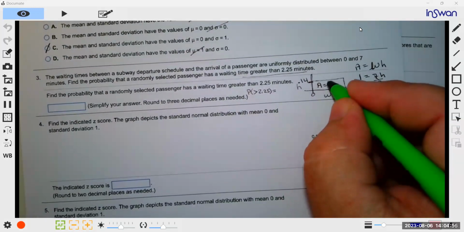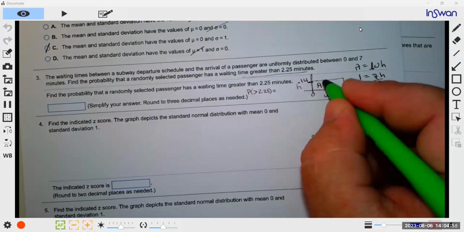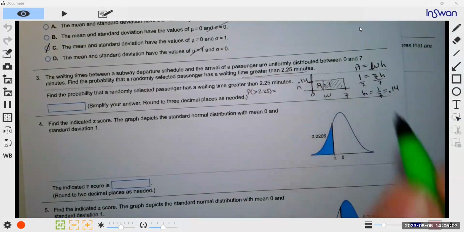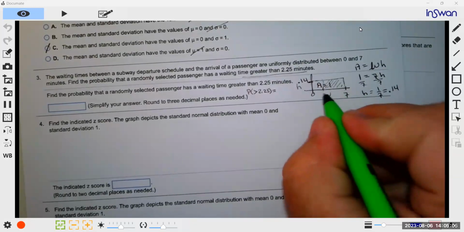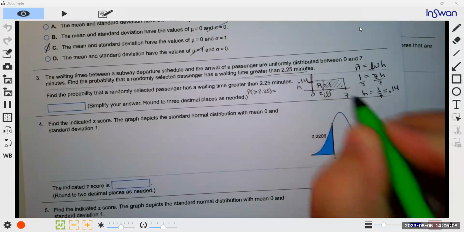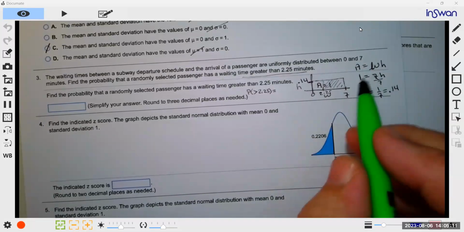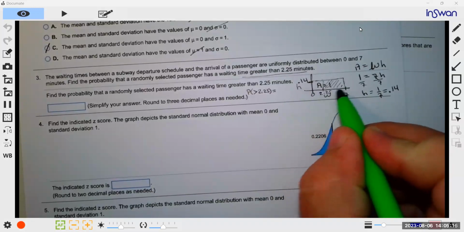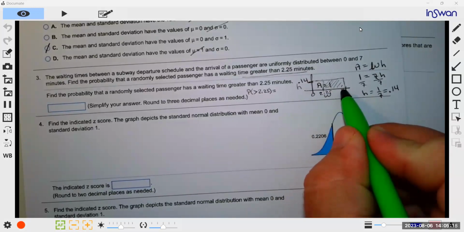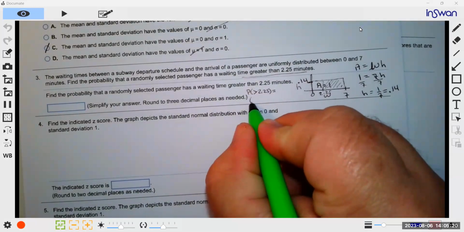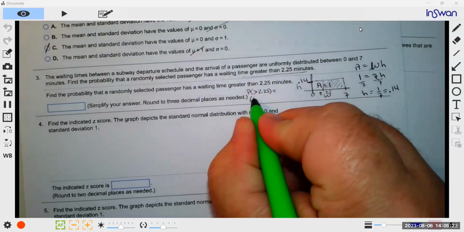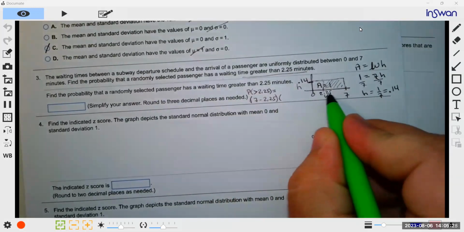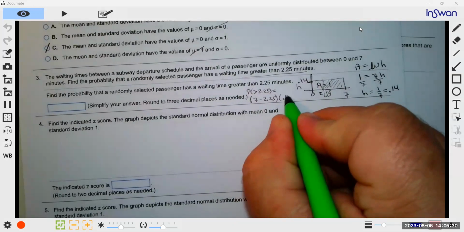So if that's between 0 and 7, this is 3.5. 2.25 is about here. We want to know what that area is. If we want to know this area, we know the height is 0.14. We have to find this length here. So the difference between these two is 7 minus 2.25. That's the width, times the height, which is 0.14.